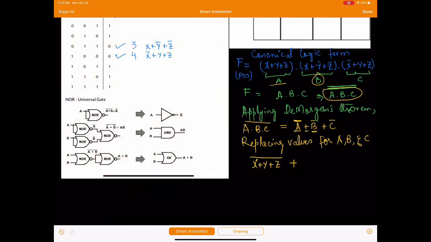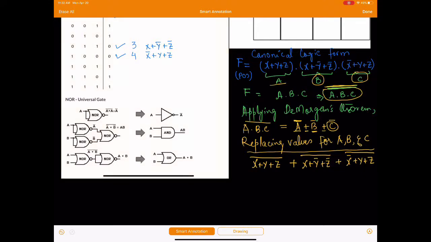B is this right here, x plus y bar plus z bar, and then bar on the whole thing, plus we have C bar. So C is equivalent to this right here, x bar plus y plus z, and then bar on the whole thing. And because now I have this bar right here, which was on the very top, I'm going to put this right here.